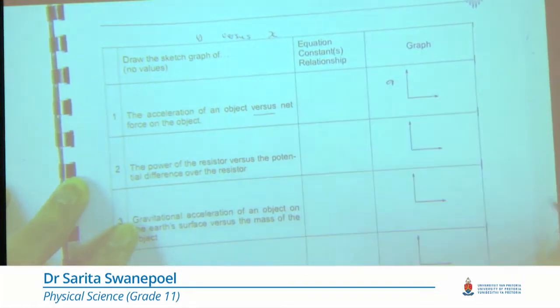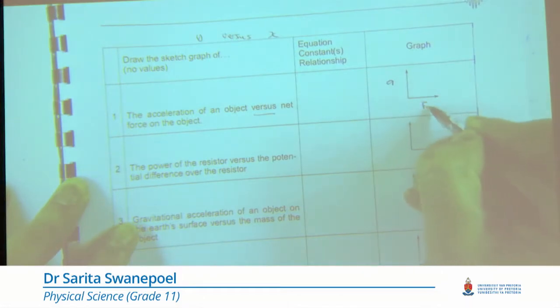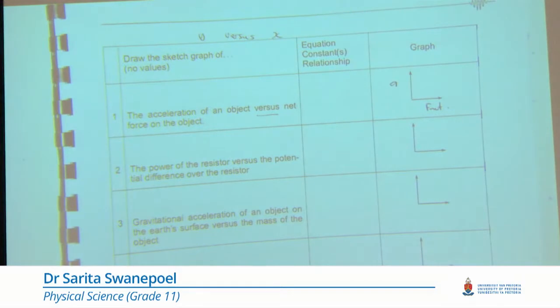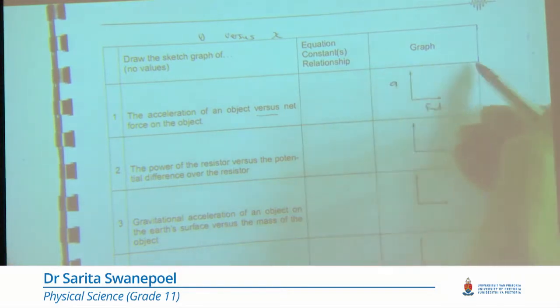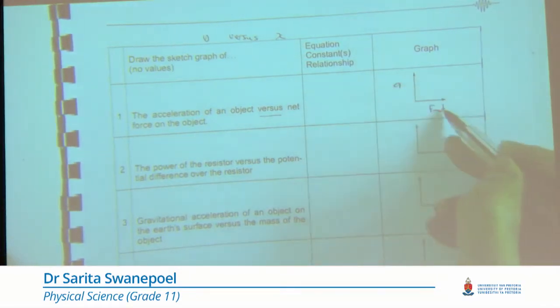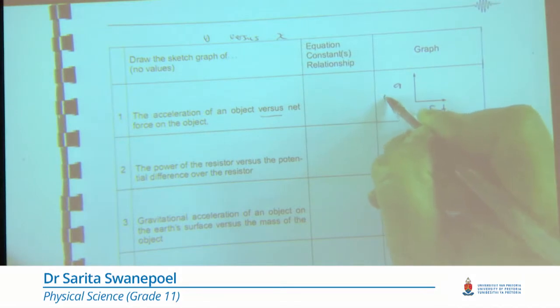So acceleration over there and net force over there. But one of the marks for drawing a graph, usually they want you to write a nice heading. And then the second mark is for what? You have to label the axes, but you also have to add the unit.